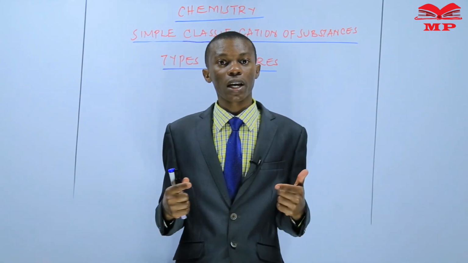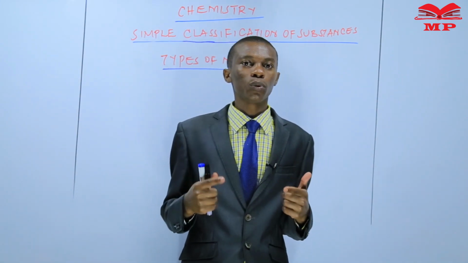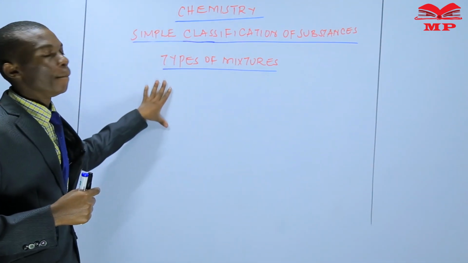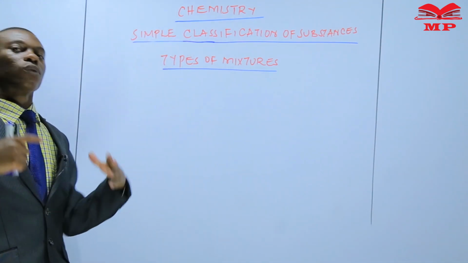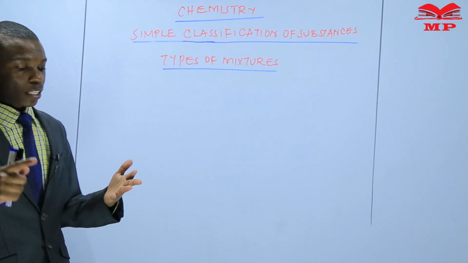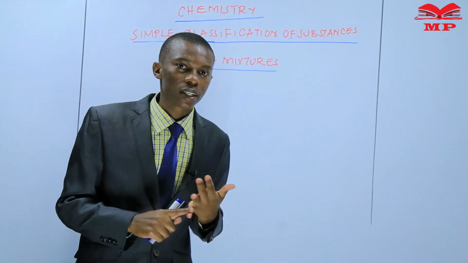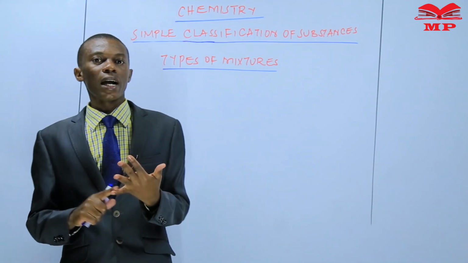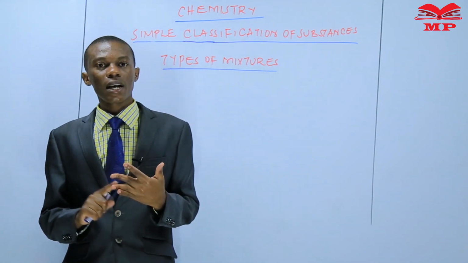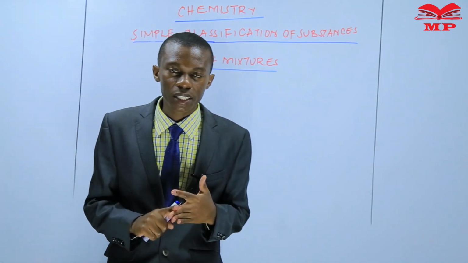In this lesson, I want us now to discuss the types of mixtures. We have 6 types of mixtures. We have a solid-solid mixture. We have a solid-liquid mixture. We have a solid-gas mixture.